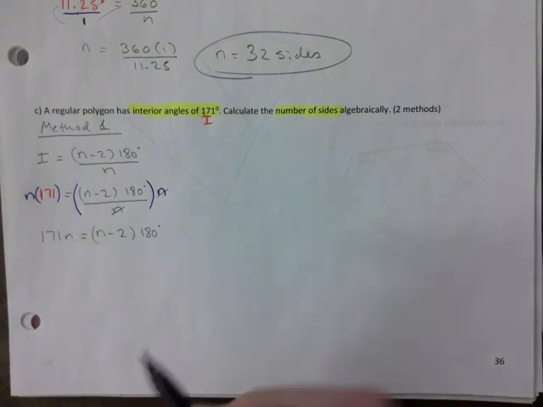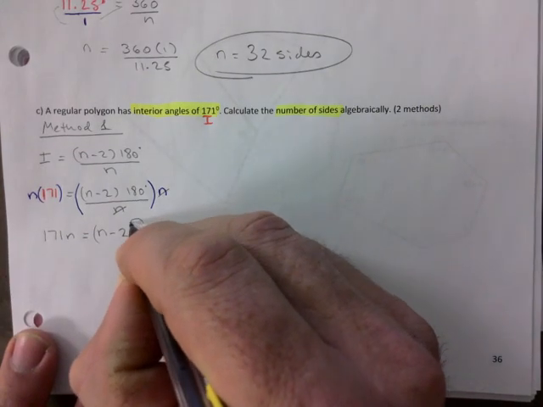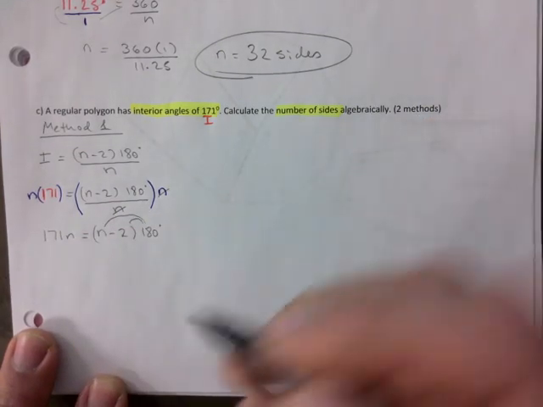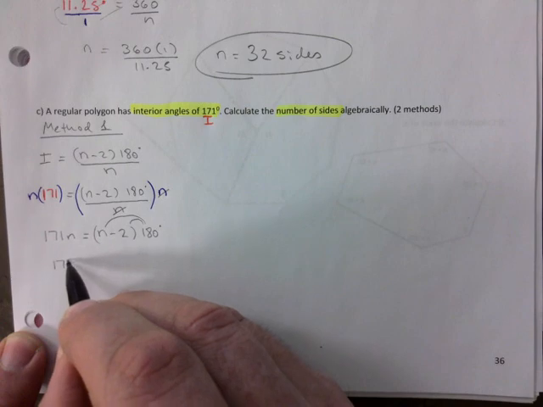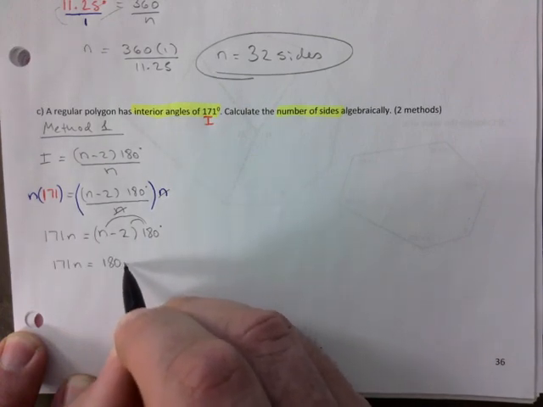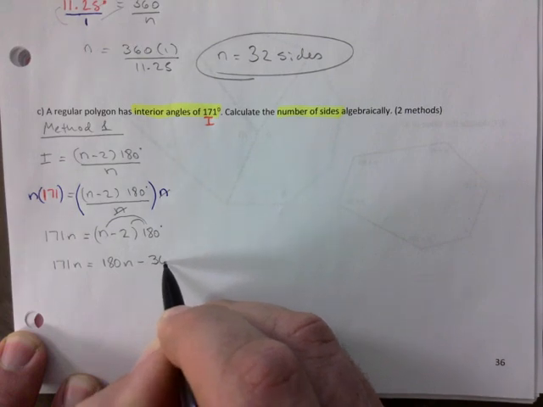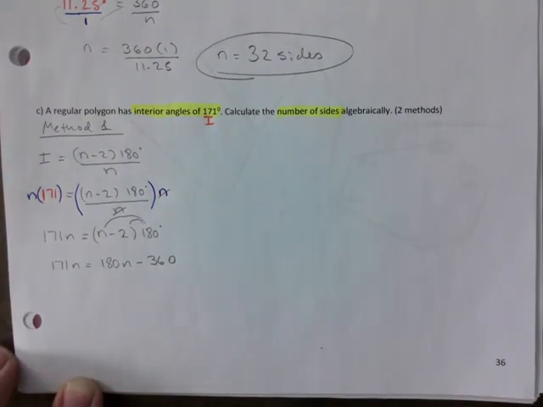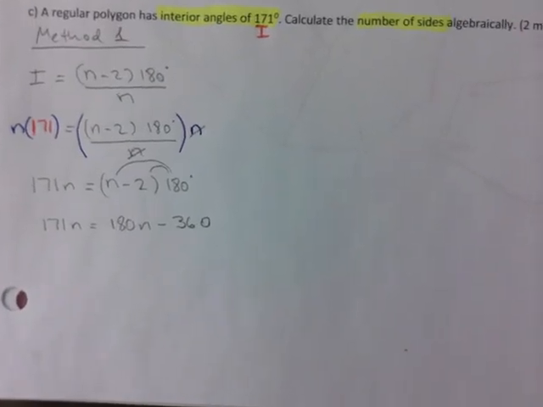So in this case, I actually do distribute. So I distribute this out like that. So I go 171n, and that gives you 180n minus 360. I'm going to zoom into that one because it's probably a bit smaller.